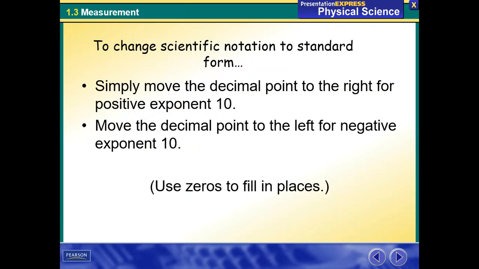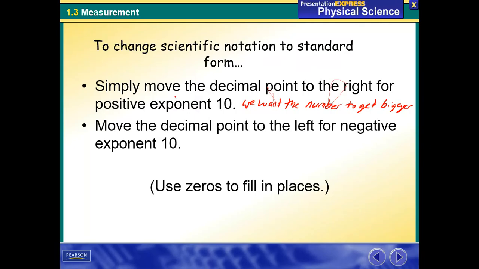Now we're going to try to do the opposite. We're going to change from scientific notation into standard form, or what we call decimal form. What we're going to do is simply move the decimal point to the right for a positive exponent of 10. And the reason for moving right is we want the number to get bigger.